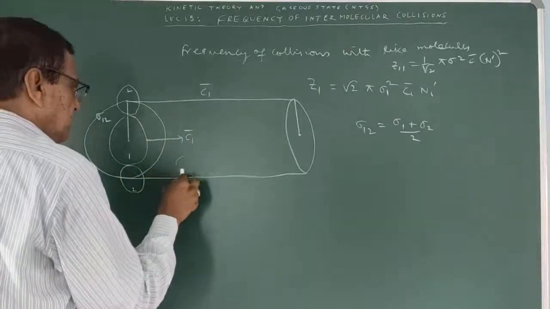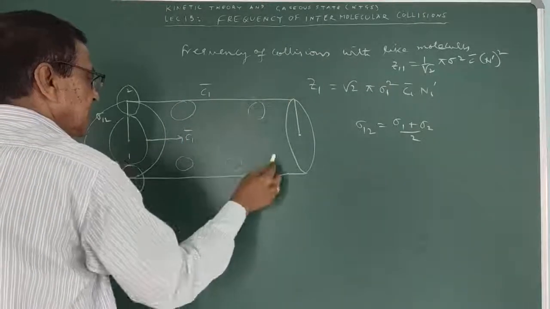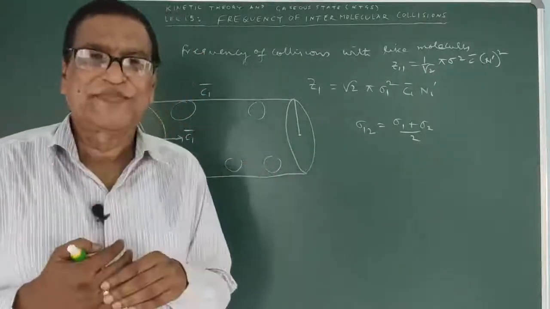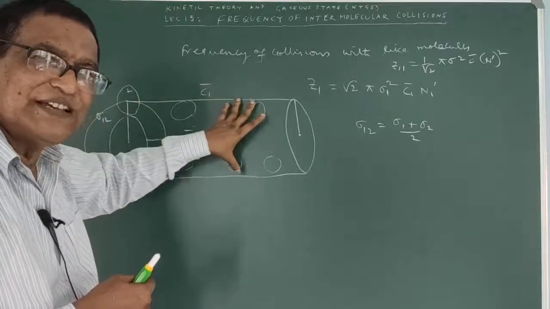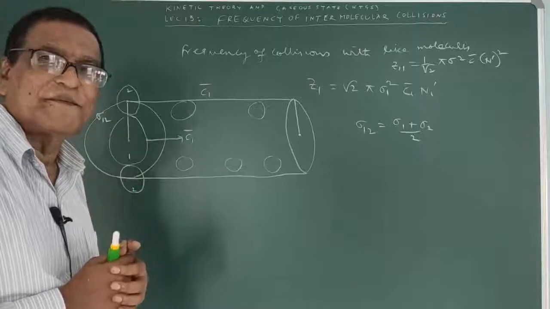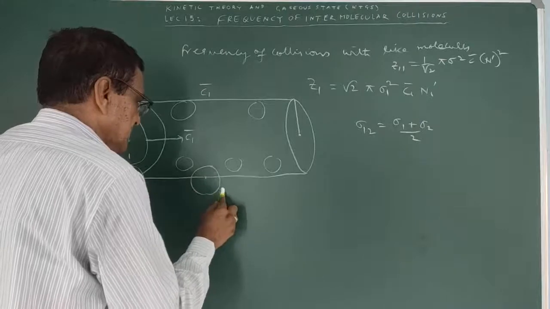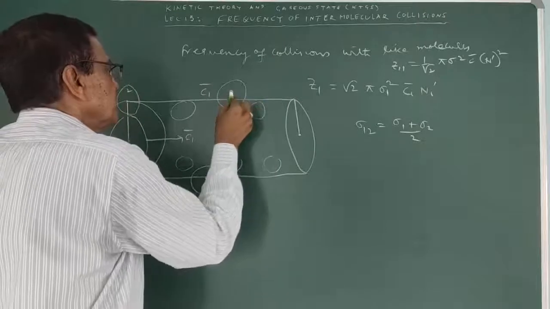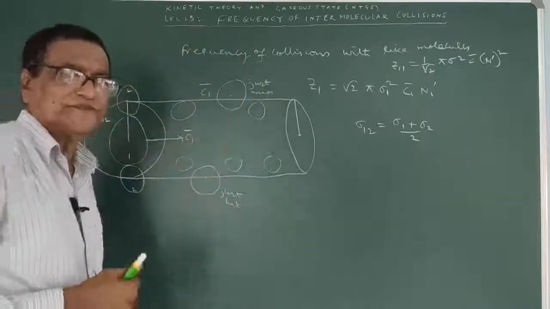Here are the other second type molecules. If the center of a second type molecule enters this collision tube, then these second type molecules will suffer collision with this one. Similarly, suppose this one just misses the hit, and so on.